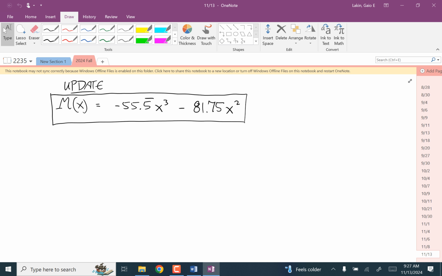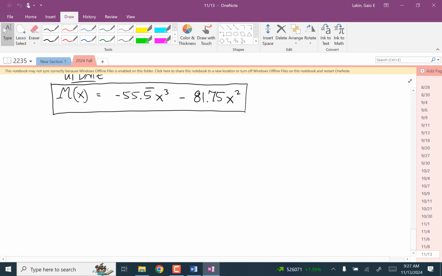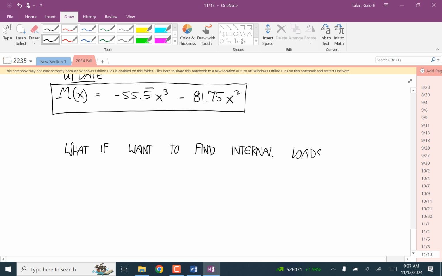Okay, so what happens though? What if you want to find the internal loads for members in a structure?